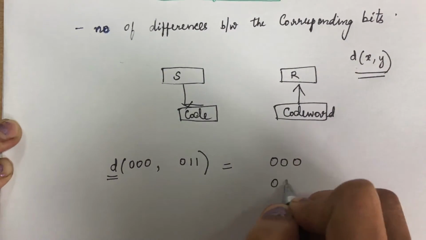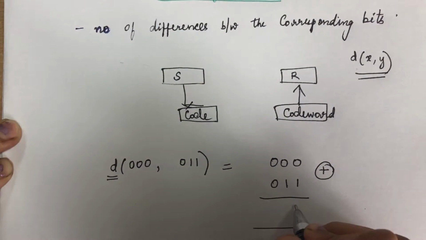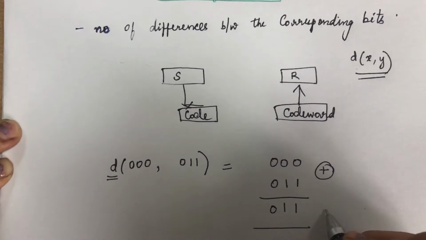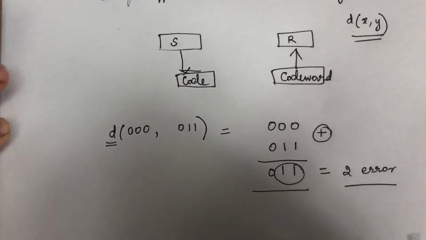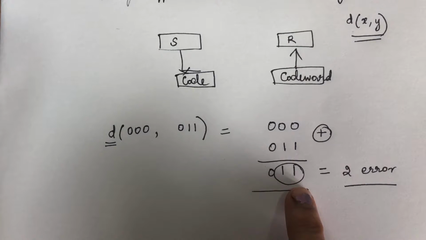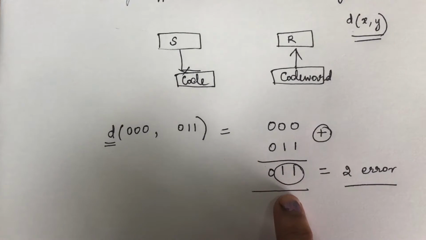We find an exclusive OR between the two words, and we get 011. We count the number of ones over here. If the number of ones is 2, then it means that 2 errors have occurred during transmission.